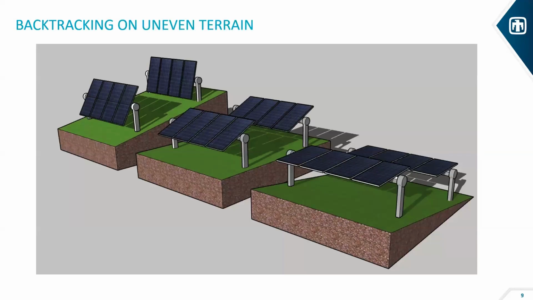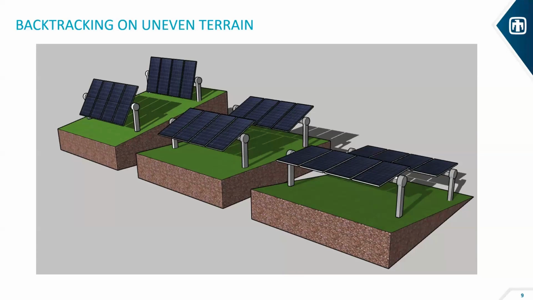All right. Some of the most work that we've really been doing is when it comes to uneven terrain. Backtracking, at least the normal kind, the algorithm was derived from having a flat terrain. But that's not really the case, especially in the last 5 years. All the nice sites have been taken, so we're getting into these slopes of 5 degrees or whatnot, as we see here.